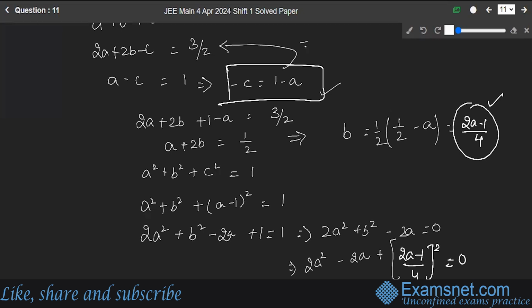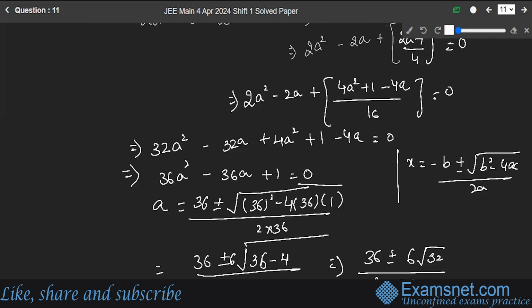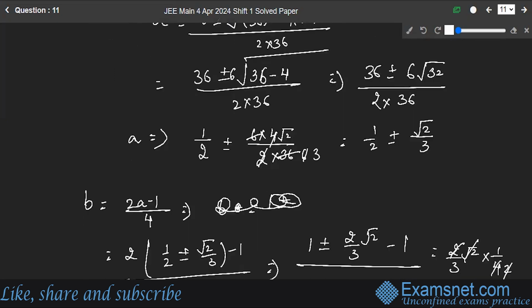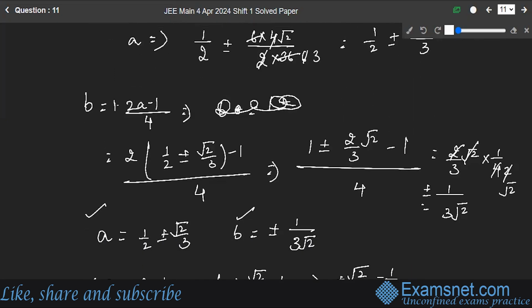See, there is a small mistake over here. This was 1 by 4 minus 2a. So this is equal to 1 minus 2a upon 4. Okay. And the b value is from here. You will have the value of b as this is 1 minus 2a upon 4. And it will turn out to be this. This will be negative, positive.